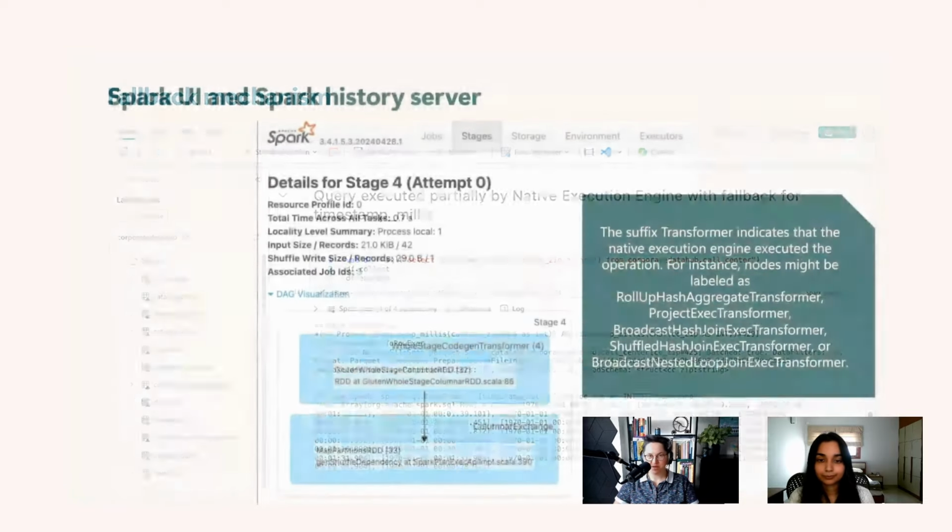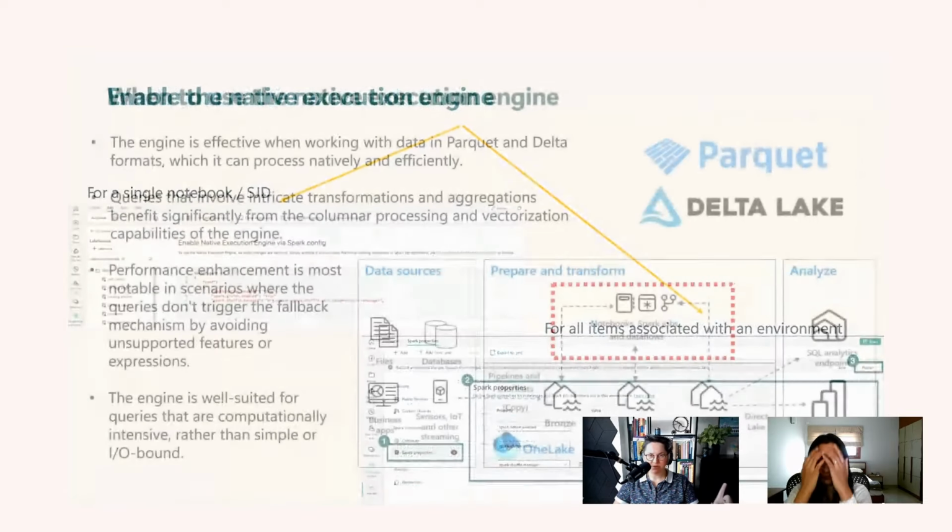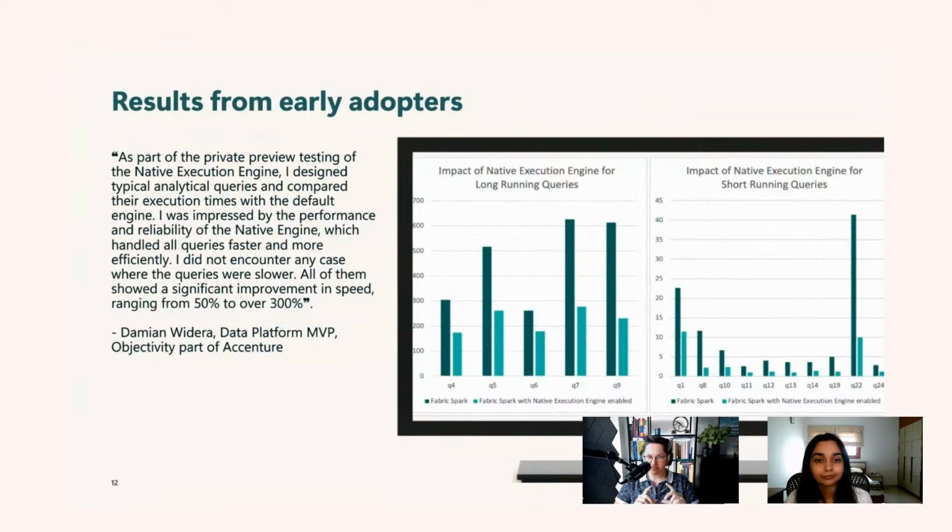Thanks for sharing. Now, I want to go back to the results, and that specific case has been explained and documented as part of our blog post that we have written after the announcement of native execution engine. So during the preview phase, we have run multiple one-on-one evaluations, us as a product group with our external partners and customers.